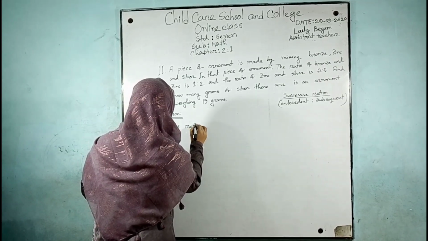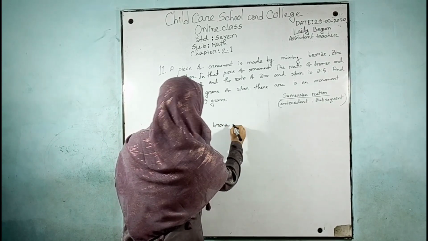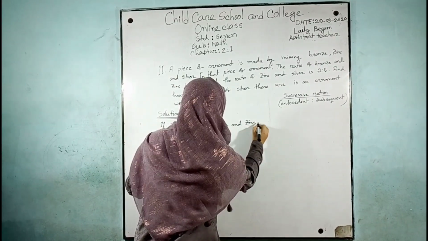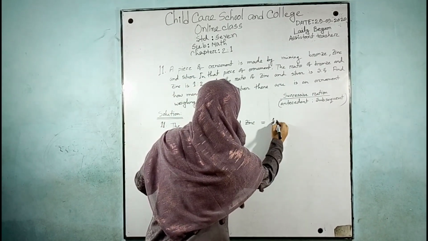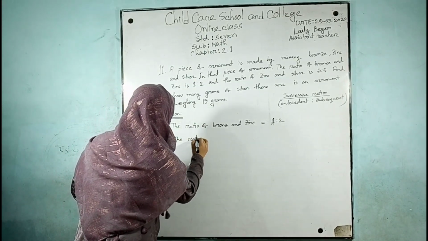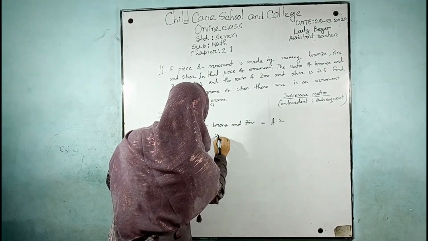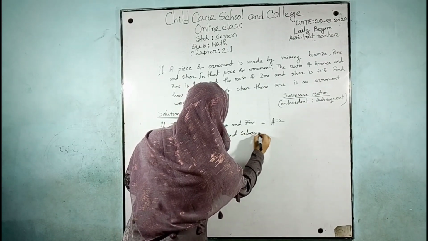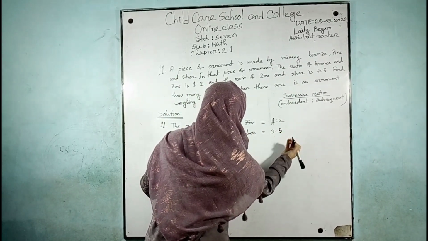The ratio of bronze and zinc is 1:2, and the ratio of zinc and silver is 3:5.